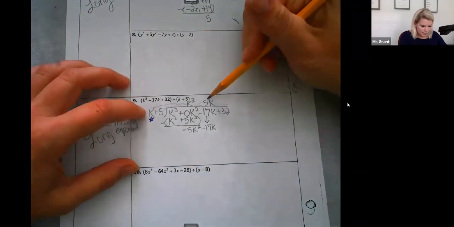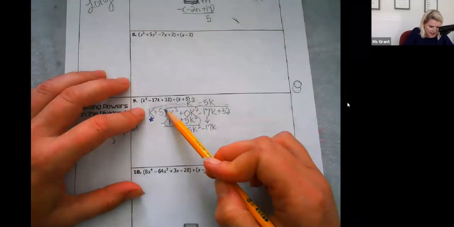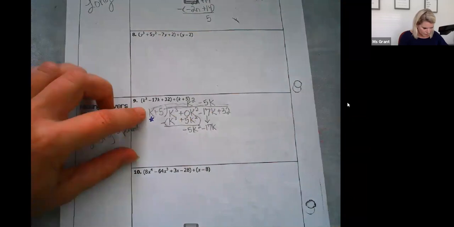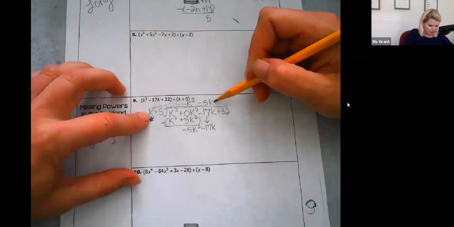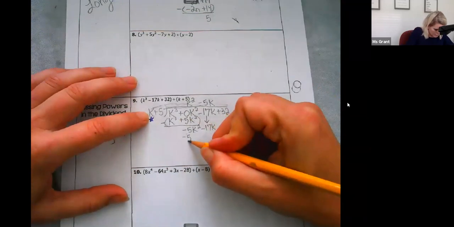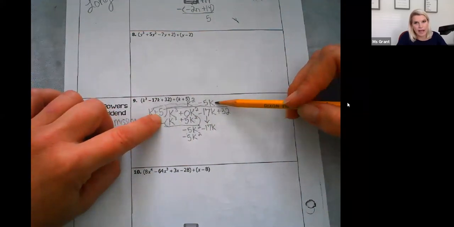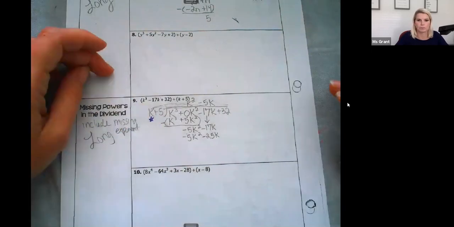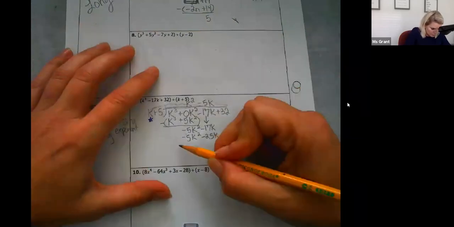Now, since I think it goes in negative 5k times, I multiply the k times negative 5k and the 5 times negative 5k. K times negative 5k is negative 5k squared. Then 5 times negative 5k is negative 25k. Subtract the whole thing.